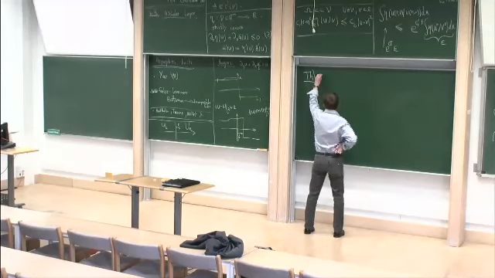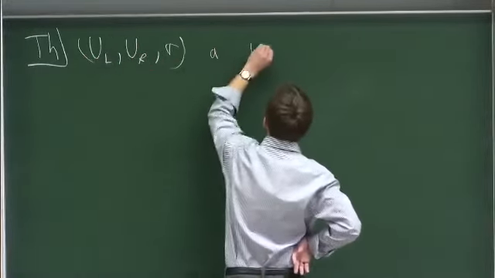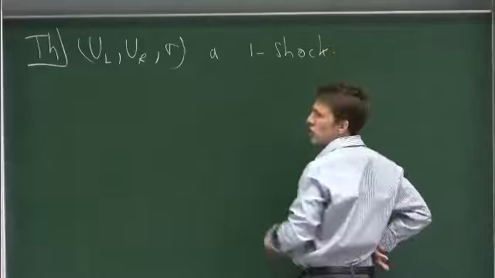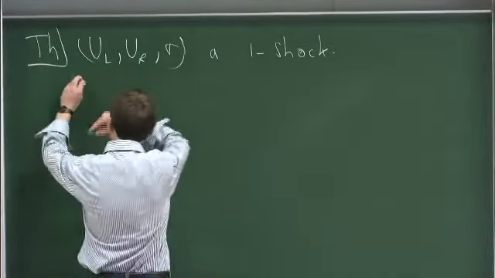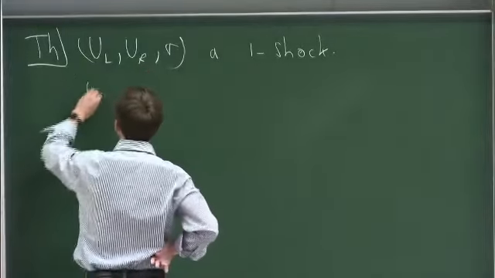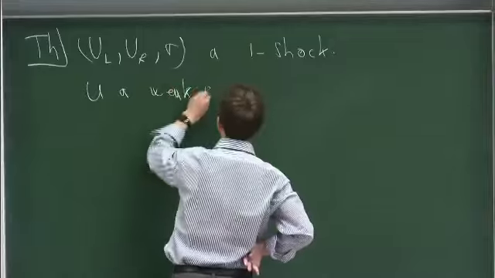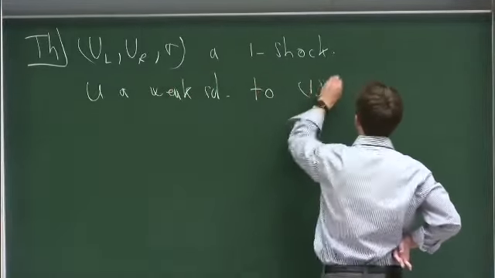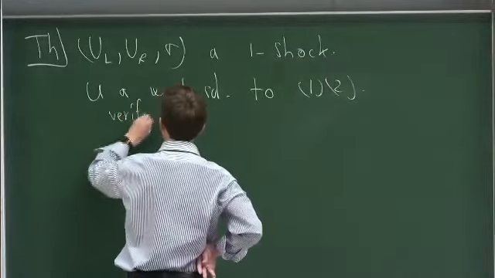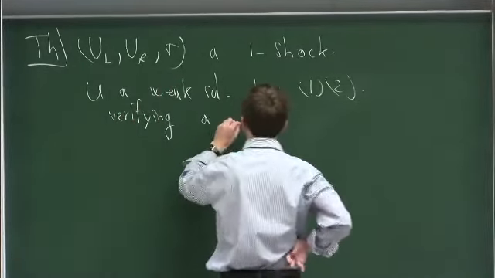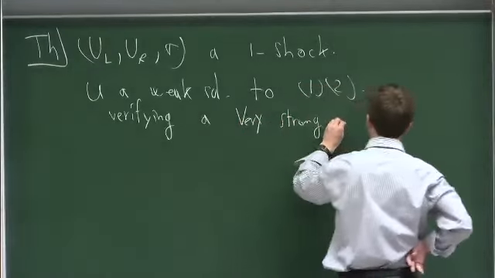And my claim is that if you take UL, UR, sigma, one shock, I will explain why I call it a one shock, and how you can extend it slightly. So take a one shock, and take a weak solution U to my system, verifying on top of it what I will call a very strong trace property.